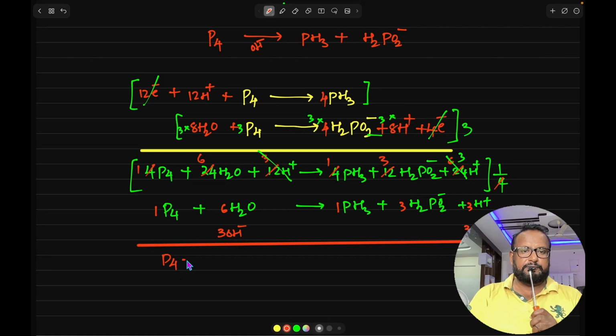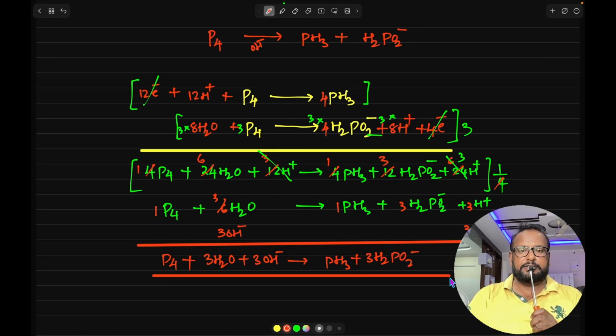So here I got P4 plus 3H2O cuts into 3. So therefore 3H2O plus 3OH- gives PH3 plus 3H2PO2-. That's all. This is the final reaction balanced here.